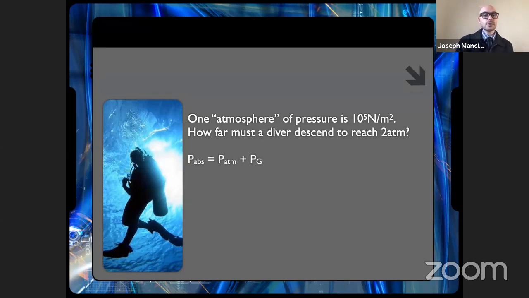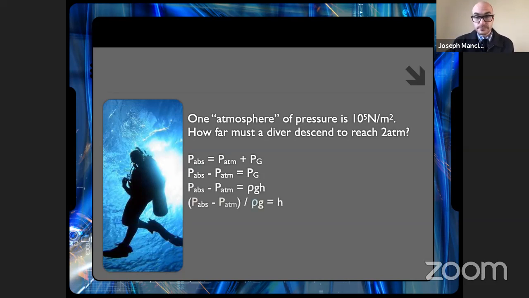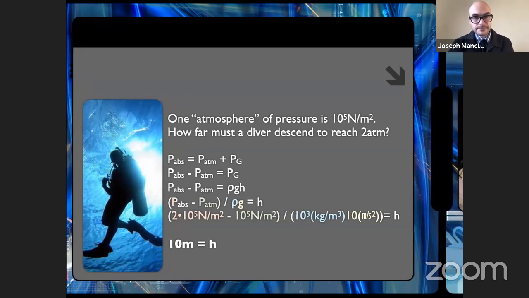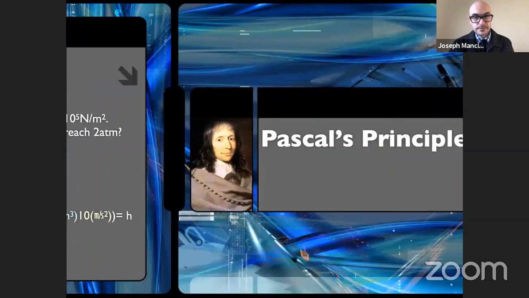Well, if the absolute pressure is the atmospheric pressure plus the gauge pressure, and atmospheric pressure is already 1 atmosphere, this is really asking how far would you have to dive for an extra atmosphere of gauge pressure? I'll spare you the extra math. I know you can handle powers of 10. Every 10 meters of depth in water is another 1 atmosphere of gauge pressure.